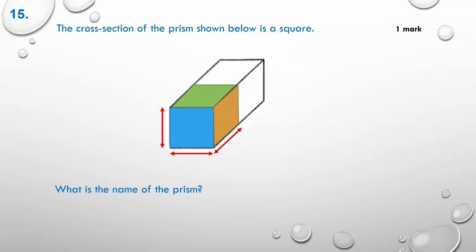Then if the shape stopped here, then it would be considered to be a cube because the length, breadth, and height would all be the same. But if you look at this shape that we had, the shape is even longer than that. So therefore, it is not a cube, but a cuboid.